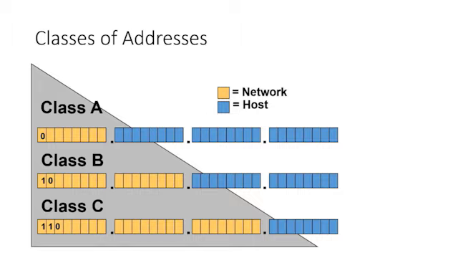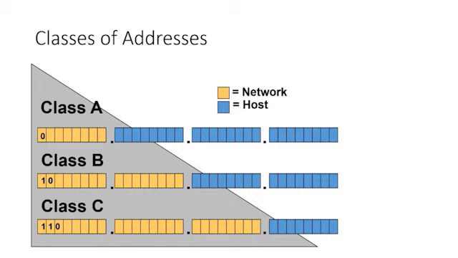So now we have 16 bits of network address space and 16 bits of host address space. So 2 to the 16th power, 65,536. So we've got 65,536 networks, and each one of those networks can have 65,536 hosts in each one.